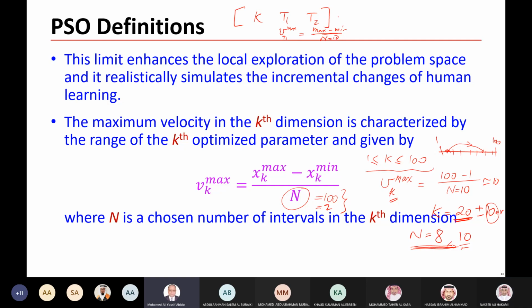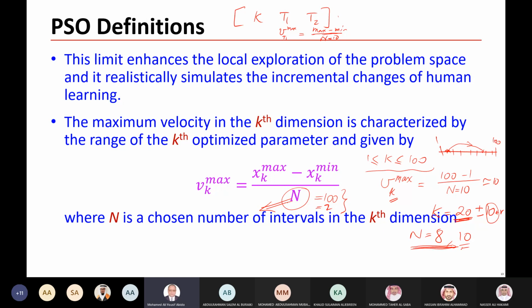You can start with n small to allow the particle to fly to far positions, and while the search is progressing, you can start reducing n. You can have n adaptive, exactly similar to the inertia. The inertia, we start with the initial inertia, and we update it every iteration.